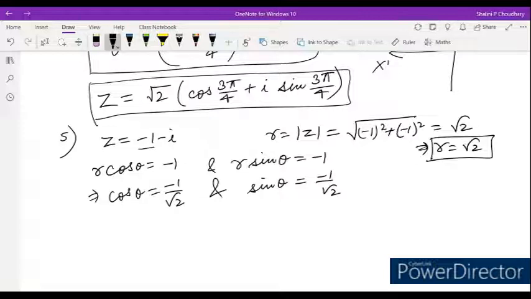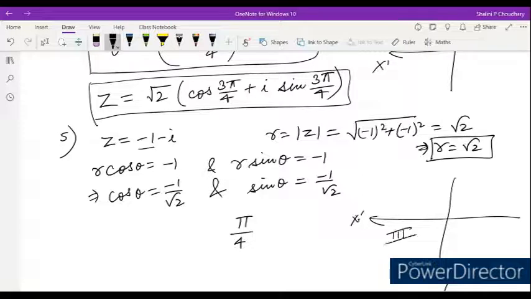Now for sin and cos, 1 upon √2 is pi upon 4, but sin and cos both are negative, so it will be in the third quadrant because this is x dash and this is y dash. So this is the third quadrant where sin is negative and cos is negative. Okay, so for the third quadrant, the value of theta will be minus pi upon 4, so that will be equal to -3 pi upon 4.